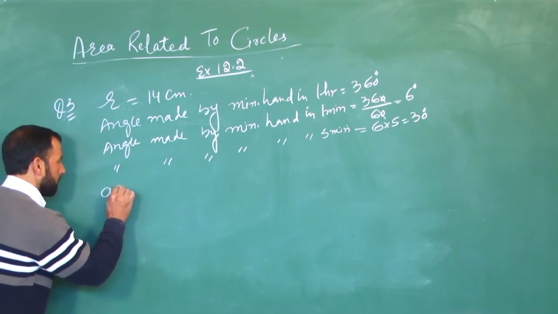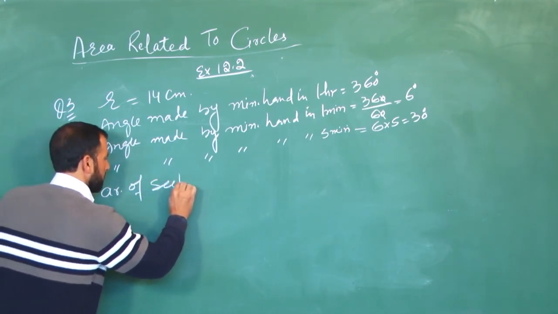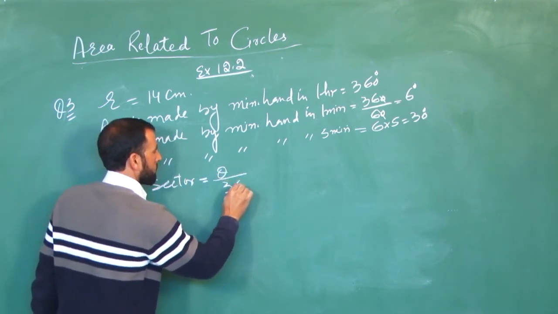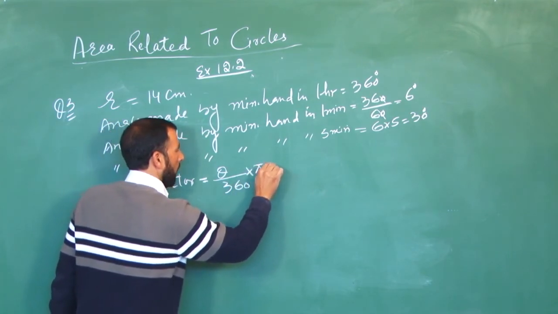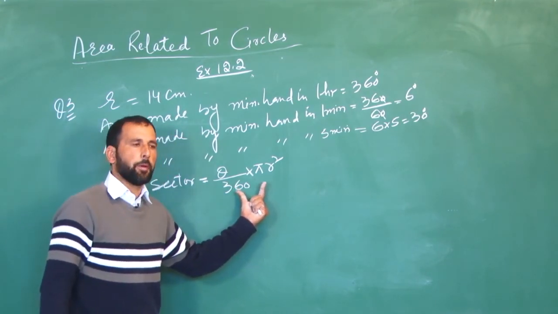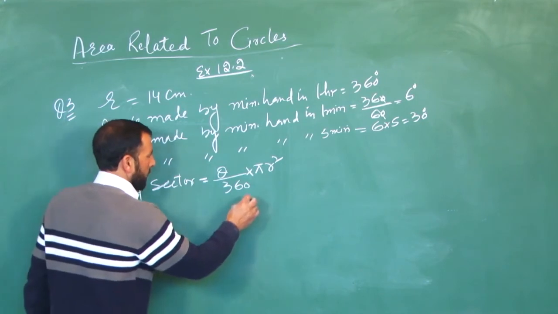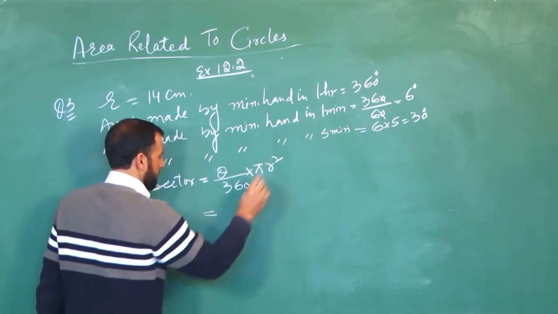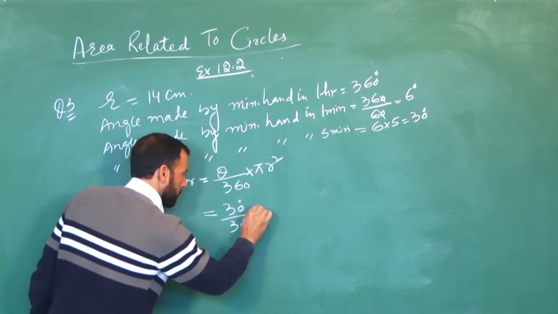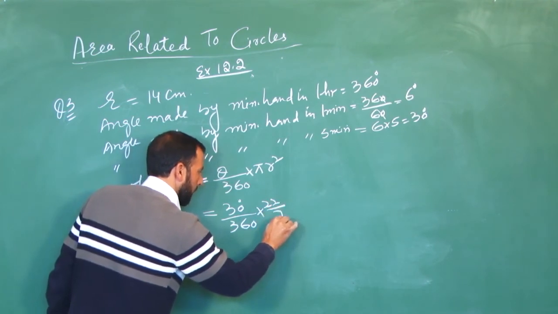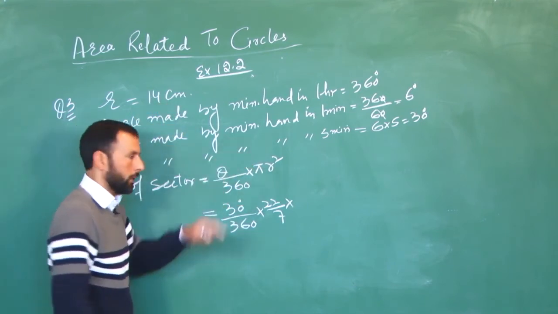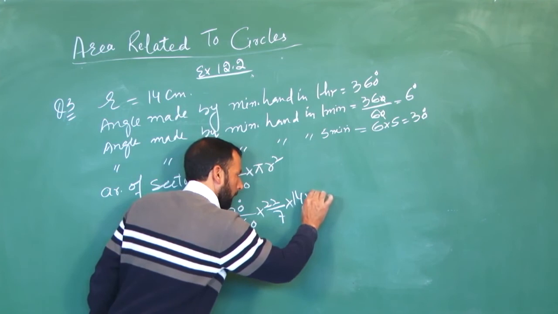Now the area of sector is equal to theta divided by 360 into pi r square, which is the area of the sector as well as the area swept by the minute hand in 5 minutes. That is equivalent to the value of theta after 5 minutes, 30 degrees, divided by 360 into pi, 22 by 7, into r. R means radius, that equals 14, but here it is r square, so we can write 14 into 14.